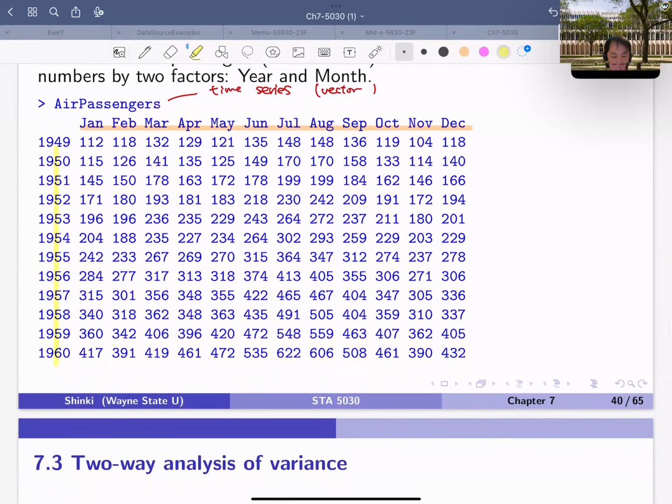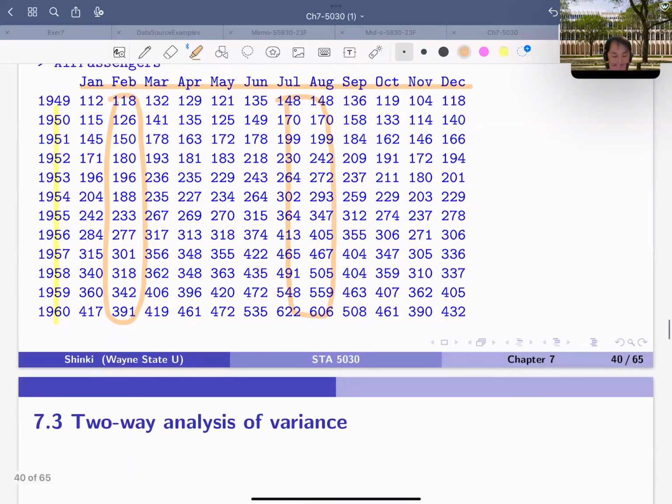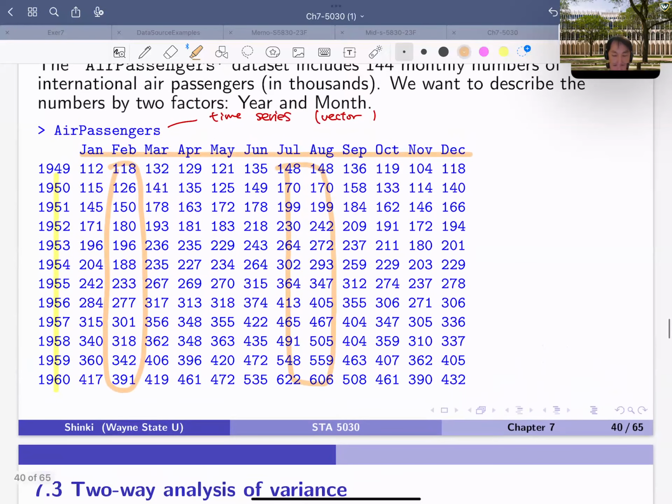And also it should have some seasonality. You can see around maybe July, August, we have a larger number of passengers, and we have a smaller number of passengers in February, for example.